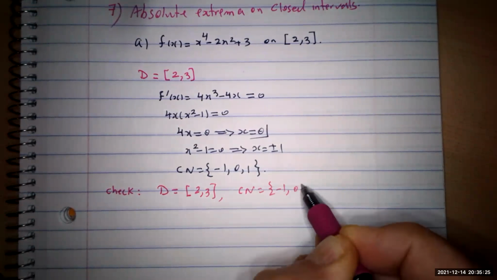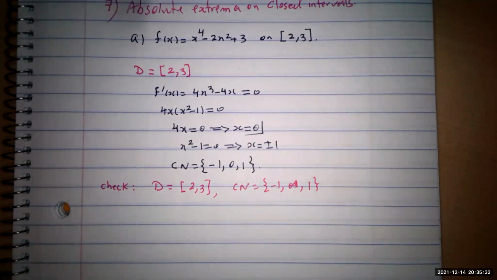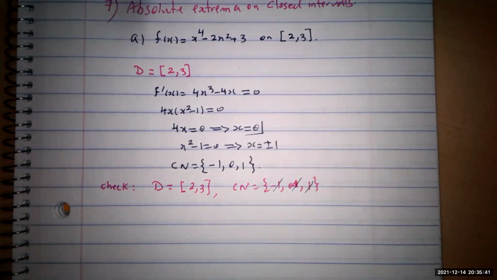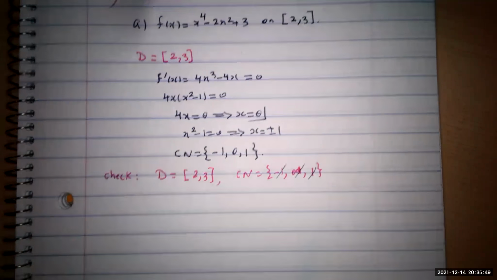Then you accept only the ones that are inside the domain. This domain is 2 and 3, so they are all outside. So you're not going to use any of those numbers. You have only 2 and 3. So you get a chart.